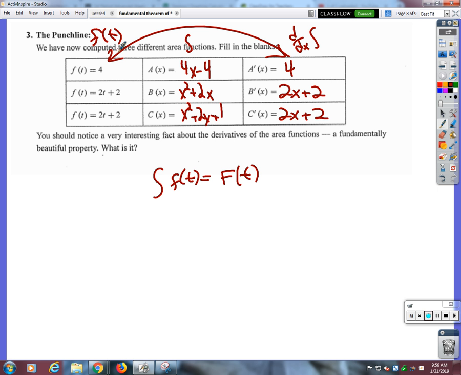So if you take the derivative of the integral, those two things cancel each other out, and you're left with the original function, meaning derivatives and integrals are inverse functions of each other. You take the derivative of the function, you just get the derivative of the function. But if you take the derivative of the integral, those two things cancel each other out, and you just are left with the original function.